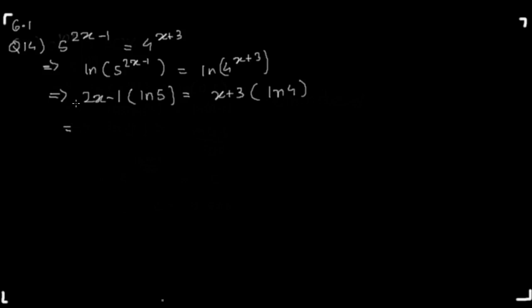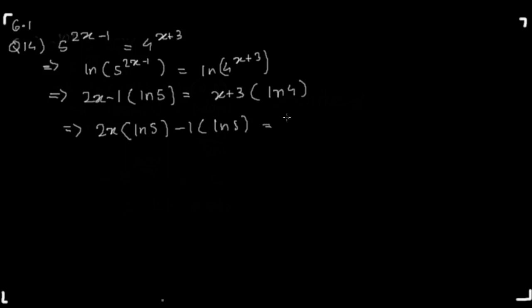From here we can easily distribute like normal. So this would be 2x ln5. I'll write it down because it's easier, just so I'm not missing any steps.